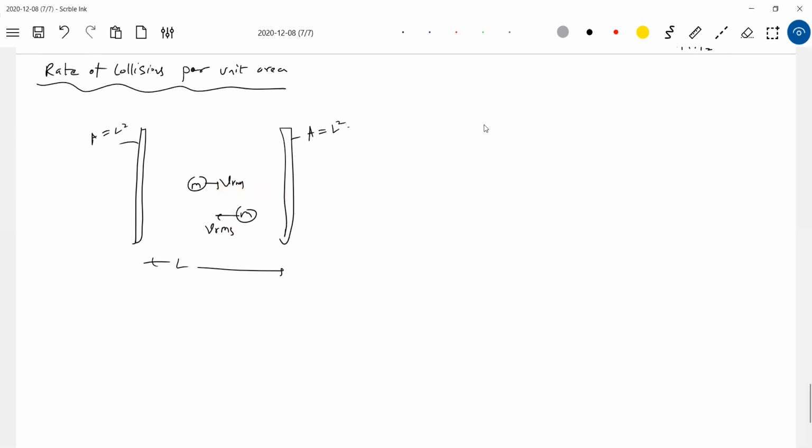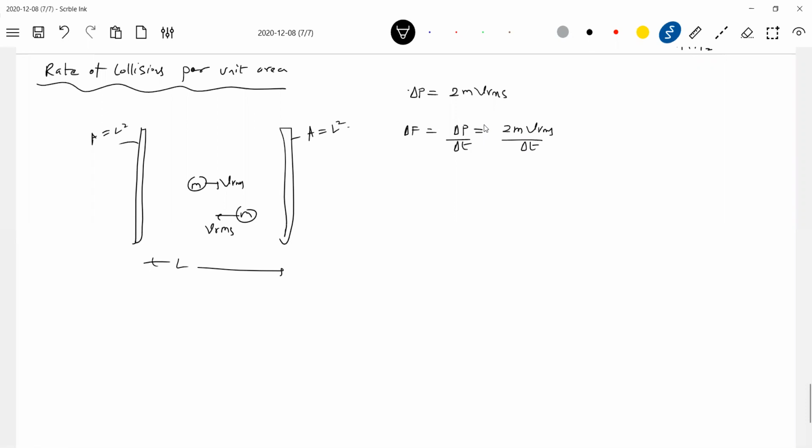So what is the change in momentum? Delta P is 2m VRMS. Then we define the force, delta F, equal to change in momentum by delta T, so this is 2m VRMS by delta T. What is delta T?